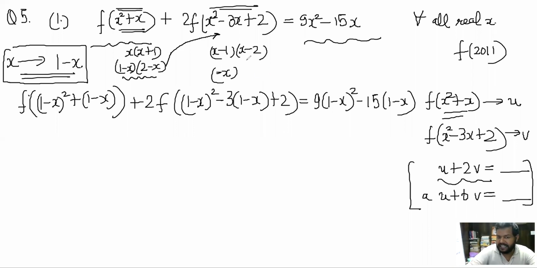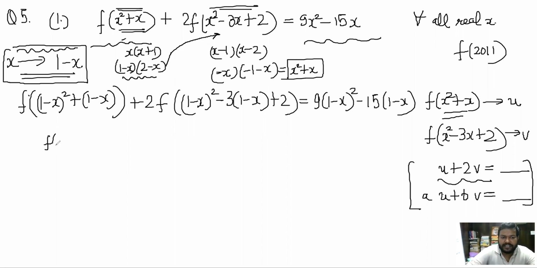If you put 1 minus x instead of x here, it becomes minus (1 minus x), which is wonderful because the minus minus will cancel and it will become simply x squared plus x. So basically the question is a trick question where this transformation immediately converts this equation.